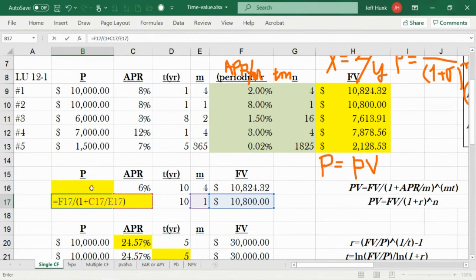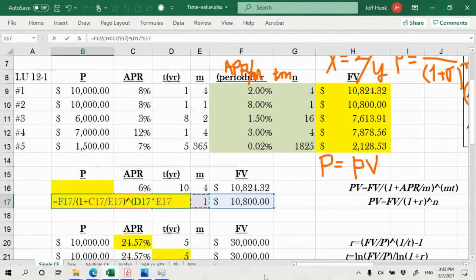They manually input 360 or 365, and I've been telling you, that's called hard coding. You don't do hard coding because it's stupid, it cannot be flexible and cannot be used in other situations. So then you raise it to, again, times n.